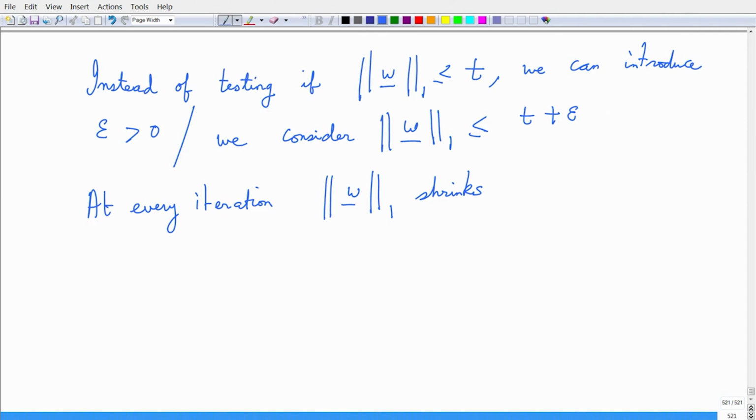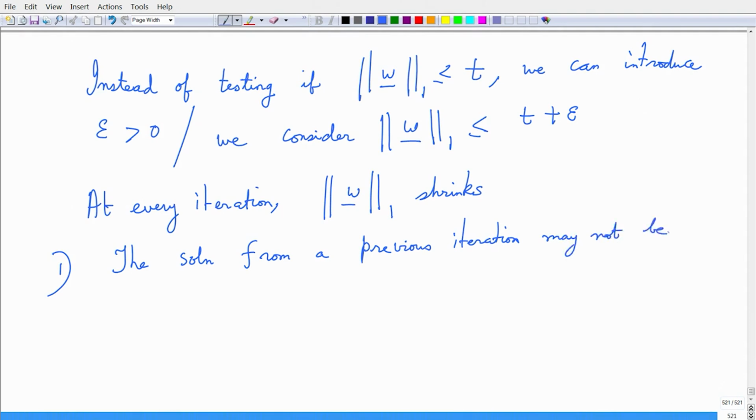Now, there are two important things that we need to know. The solution from a previous iteration where I had a certain set of constraints may not be suited to the present constraint.